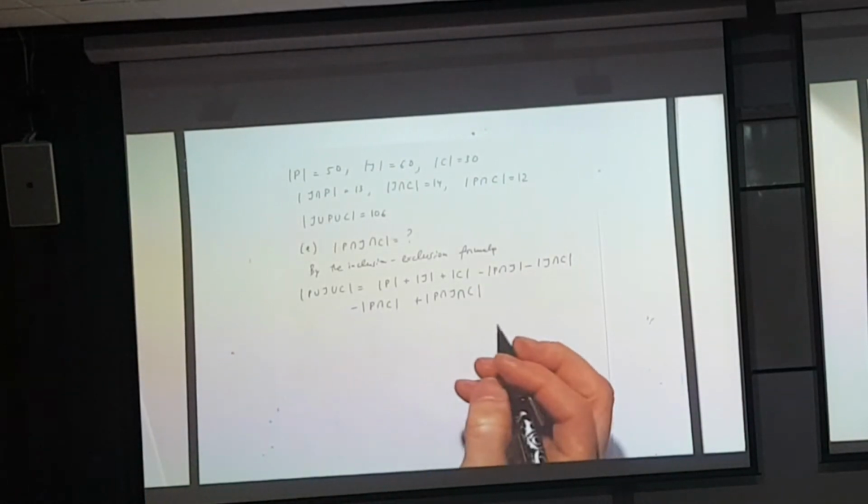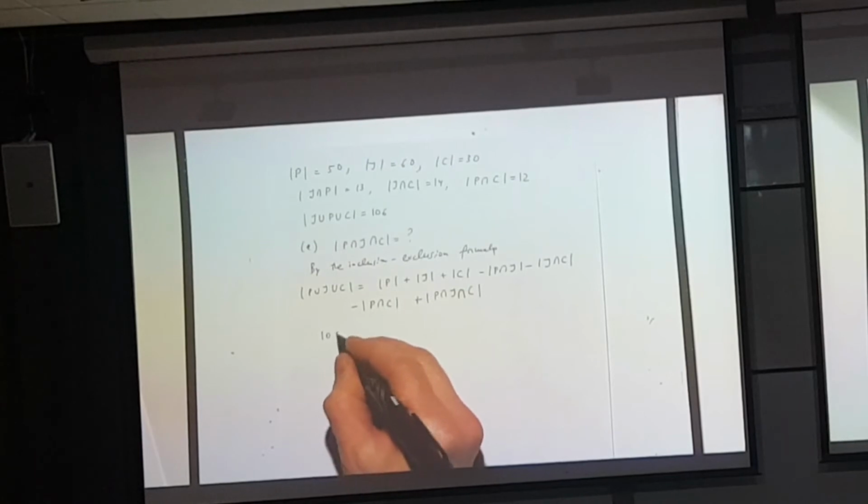Okay, now we substitute the numbers. So 106 must stand on the left-hand side.